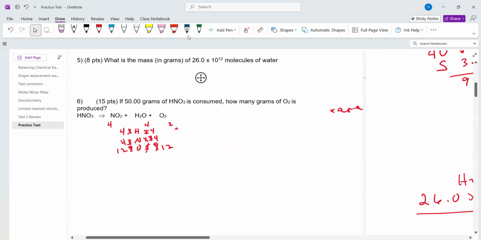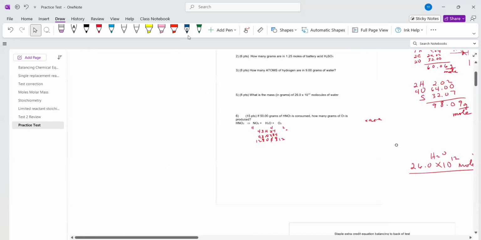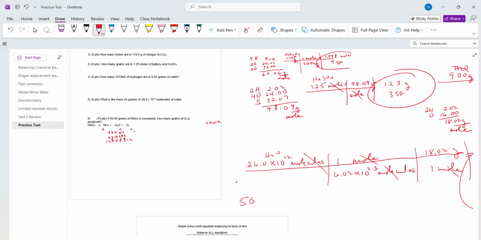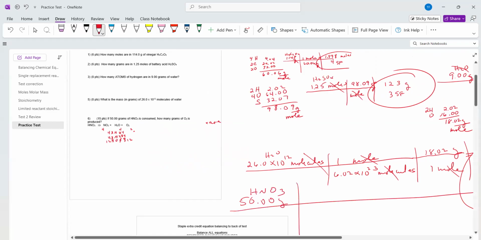Okay, so we're starting at 50 grams of HNO3 to calculate grams of O2. We need to end up with O2 over here on the right. First thing we need to do is convert to moles.